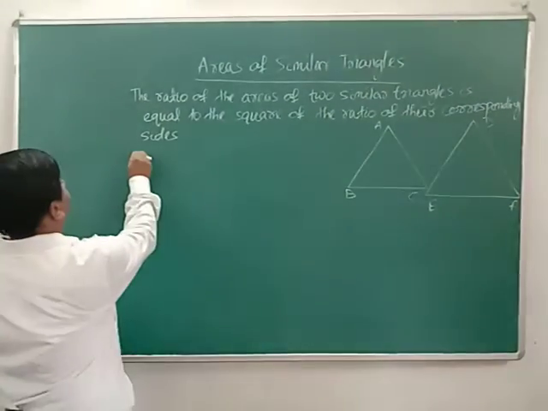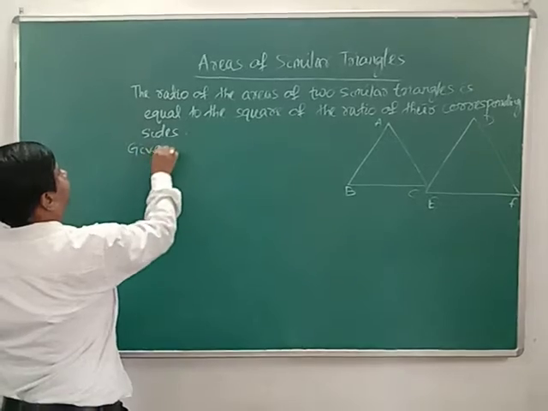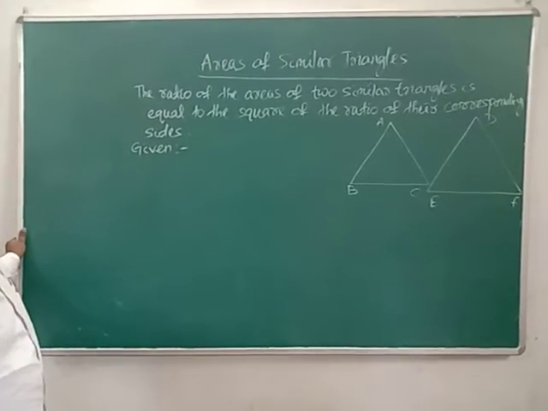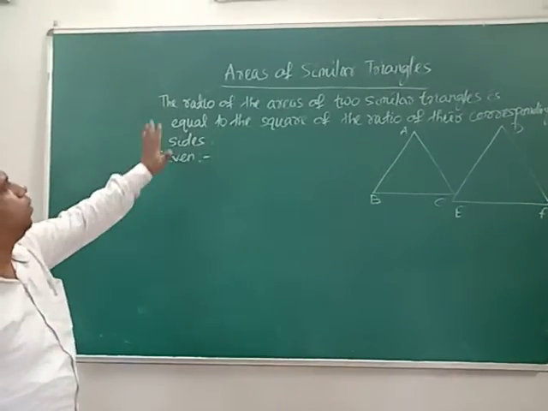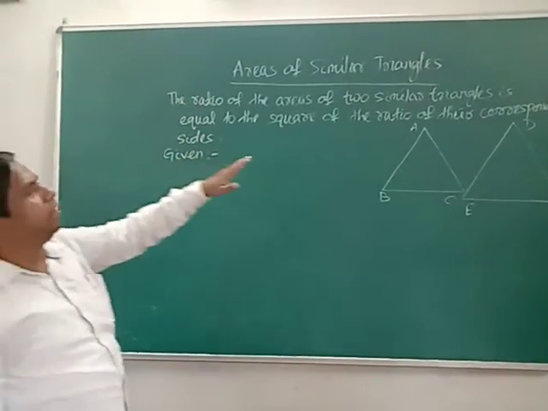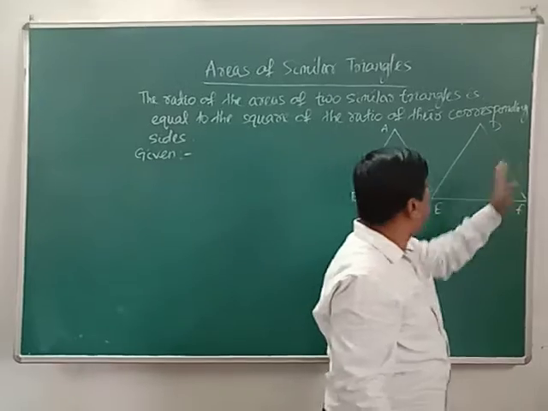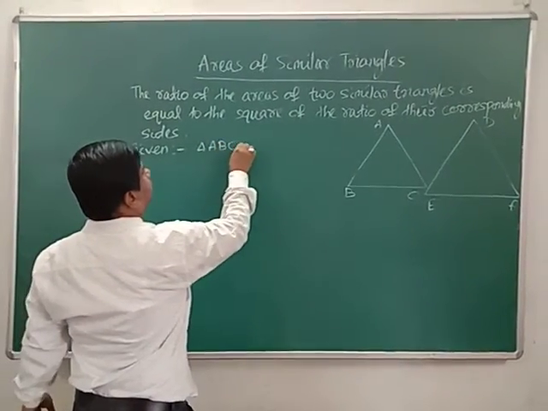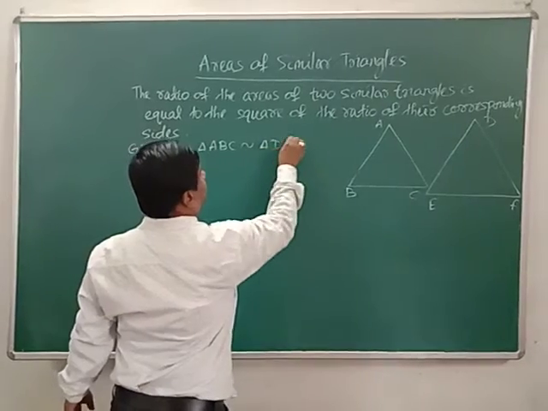So, given. I have told you before that you have to follow 4 steps to prove a theorem. First is given. What is given here? That the two triangles are similar, that means triangle ABC is similar to triangle DEF.